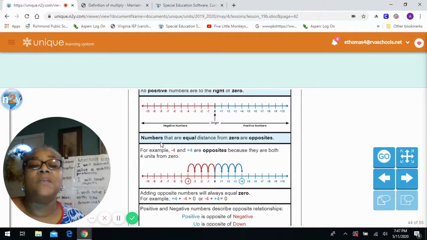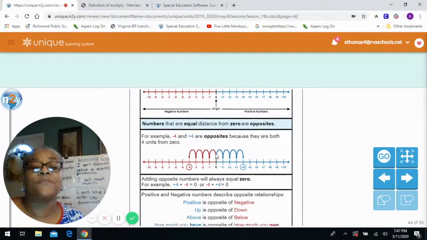All righty. Numbers that are equal distance from 0 are opposites. So, for example, you have a -4, which would be right here, and a +4, which is right here. They're opposites because they are both 4 units from 0. See, 1, 2, 3, 4 negative, and 1, 2, 3, 4 positive.